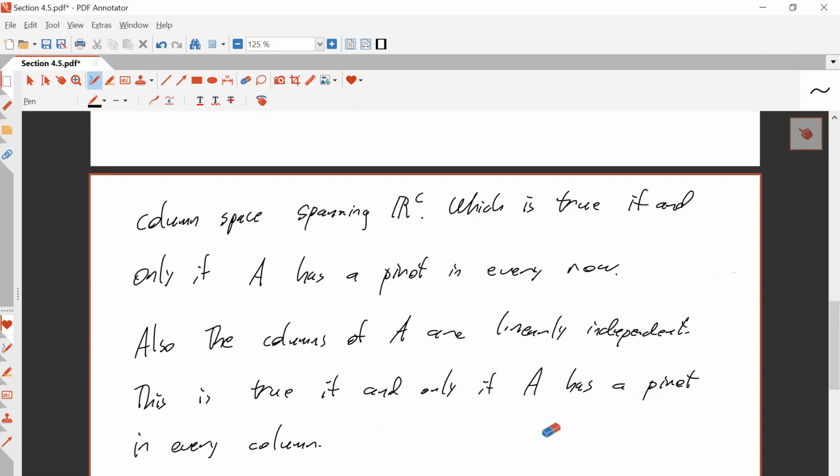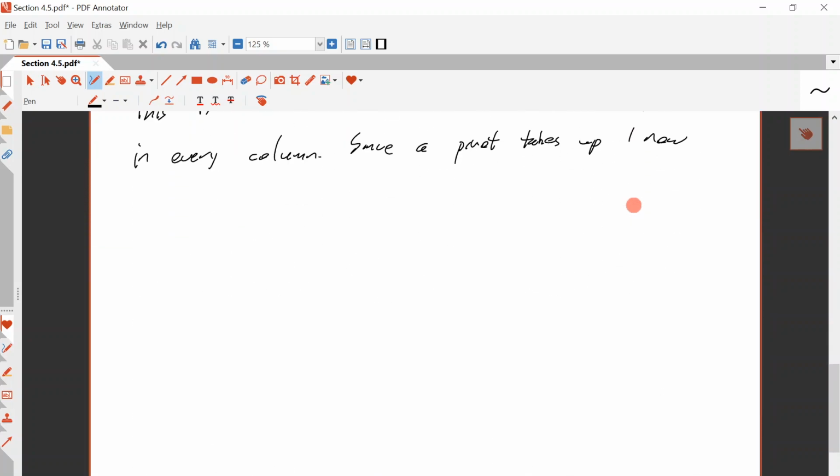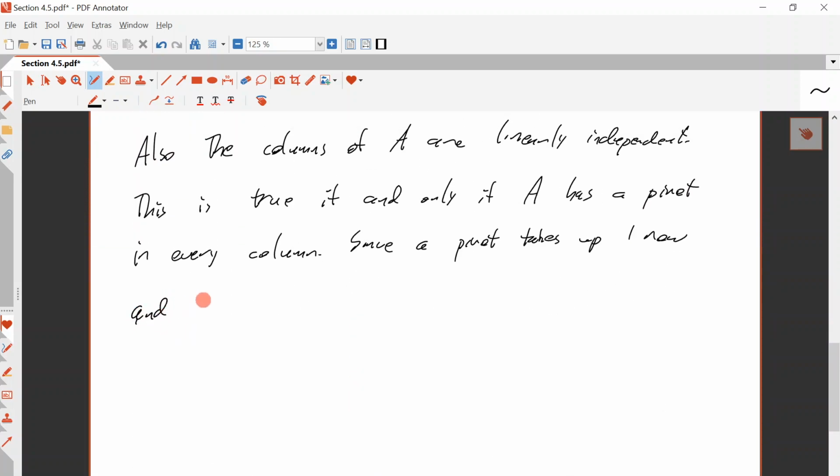Okay, so A has a pivot in every row and in every column. Since a pivot takes up one row and one column, A must be a square matrix in RC.